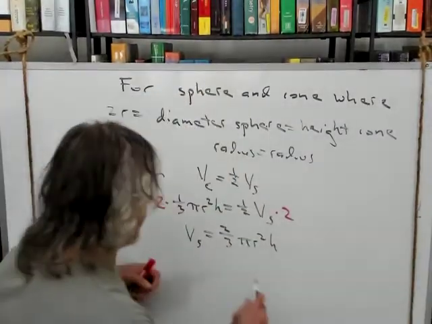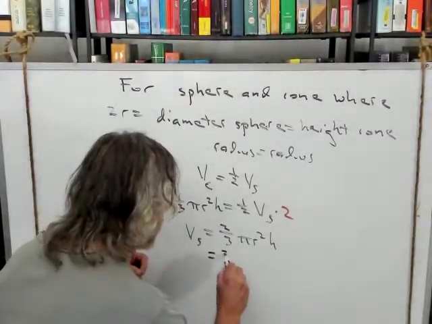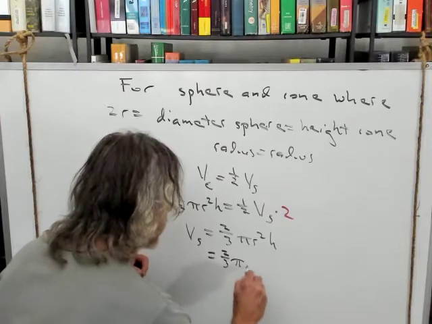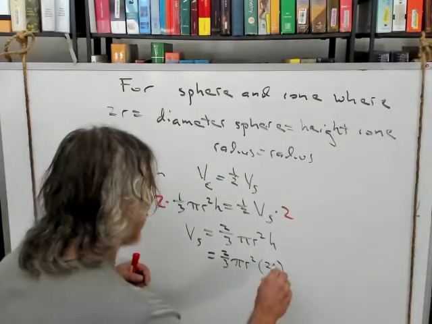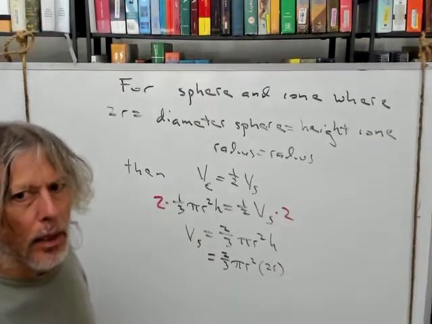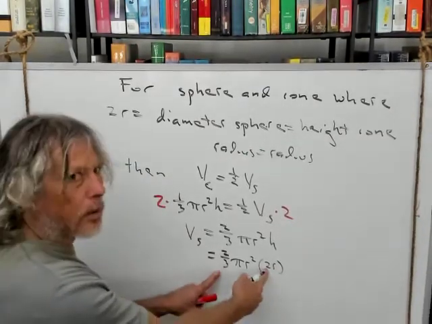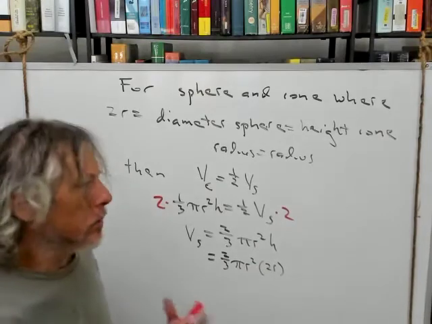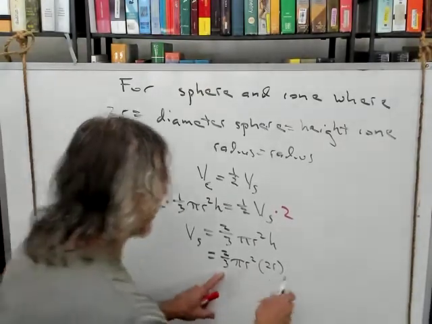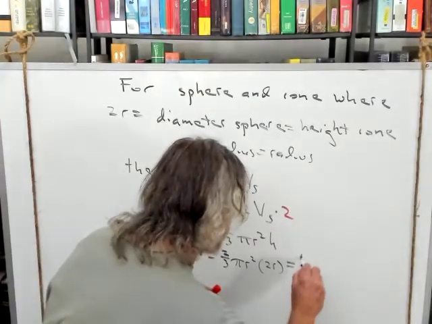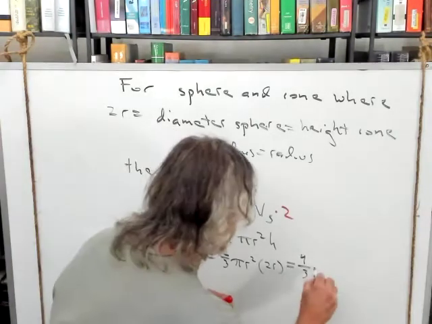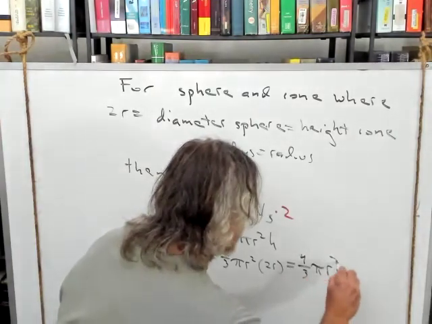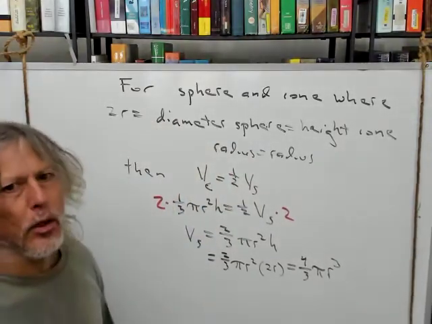And so we get 2/3 pi r squared 2r. But 2/3 times 2 is 4, so that's 4/3. R squared times r is r cubed. Ta-da! 4/3 pi r cubed.